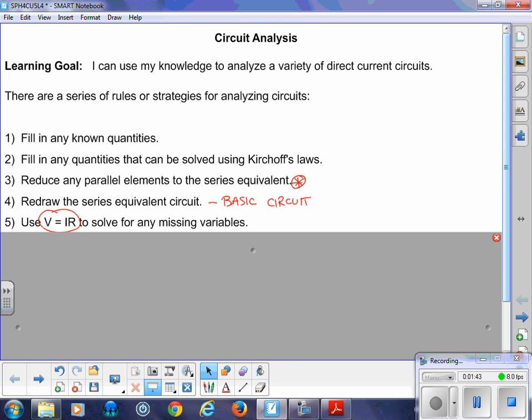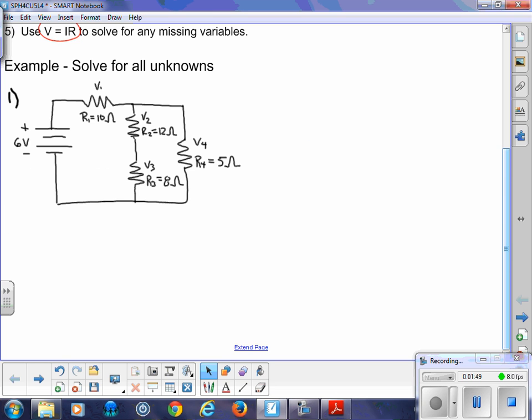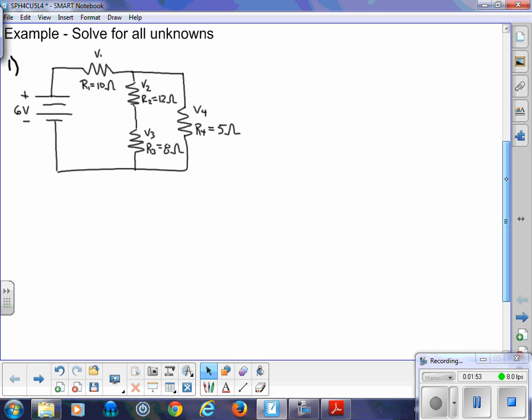Okay, so hopefully I left enough room on your printout. This is the circuit we're going to analyze. So I'm going to extend my page just a little bit here. So here it is, solve for all unknowns. This is what I would do. I find the chart system keeps everything organized and you can figure out what you know and what you don't know. So the chart system is very simple.